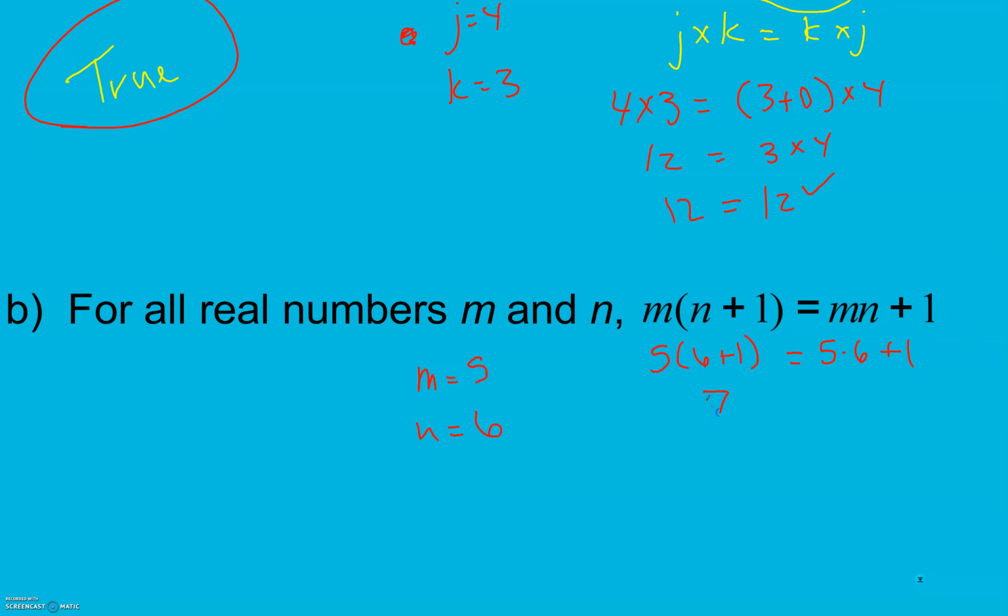So parentheses first give me 7 times 5, 35 on the left. On the right, we multiply first, then add 1, I get 31. So since I found an example that's not true, this is my counterexample, and this is false. And as far as my counterexample goes, I can just show this step right here.